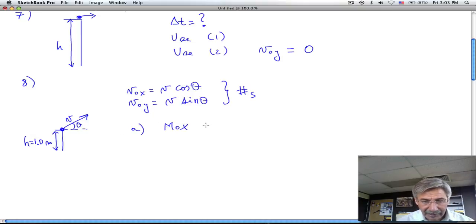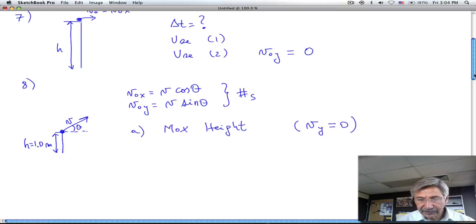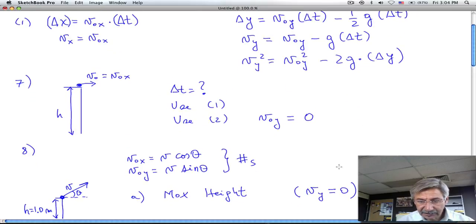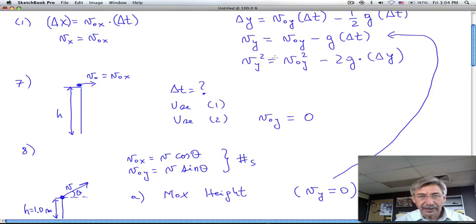The maximum height of a projectile is defined when the vertical component of the velocity vanishes. So you make this equal to 0, and you find the time for maximum height. And once you find the time for maximum height, you can find the height.